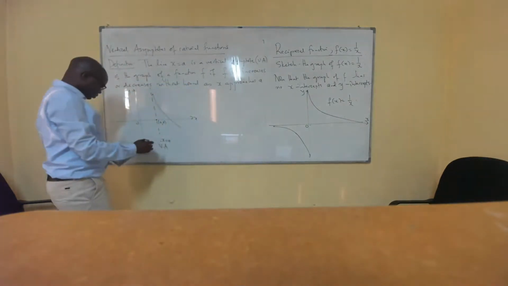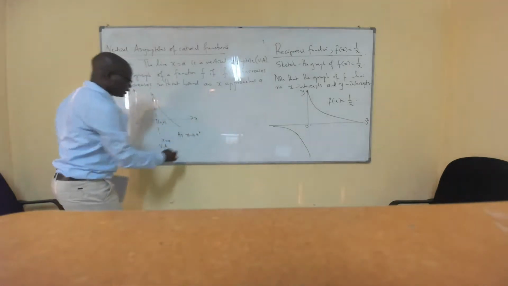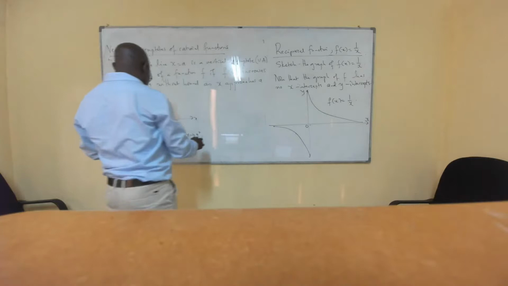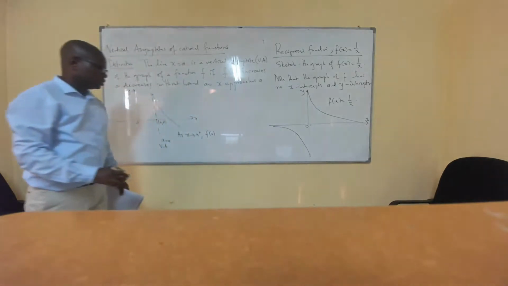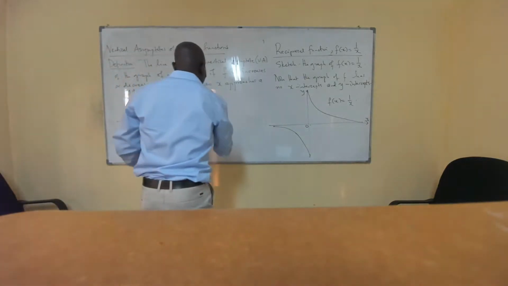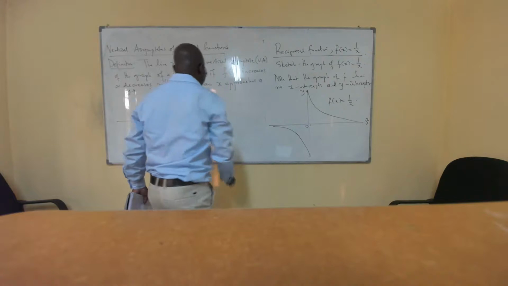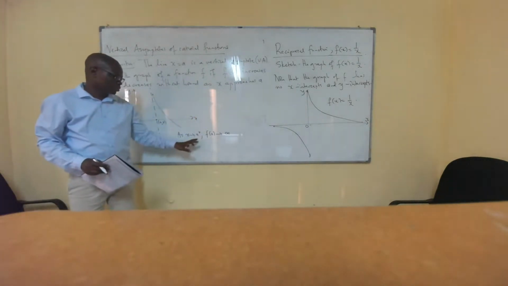Okay, so we can say as x is approached from the right, we see that the values the function assigns to x are increasing without bound. So this is how we write.